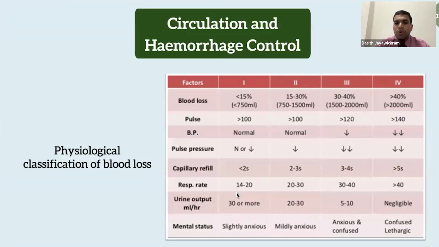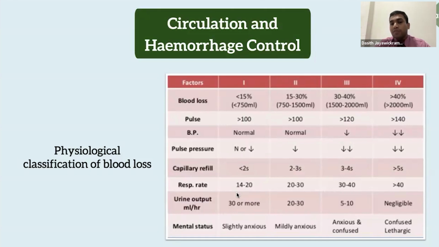So in class 1, the only sign that may be there is high blood pressure. In very healthy adults in class 1, even tachycardia is not there, because they have good compensation, and the splenic reserve I mentioned might be enough to replenish the lost volume.